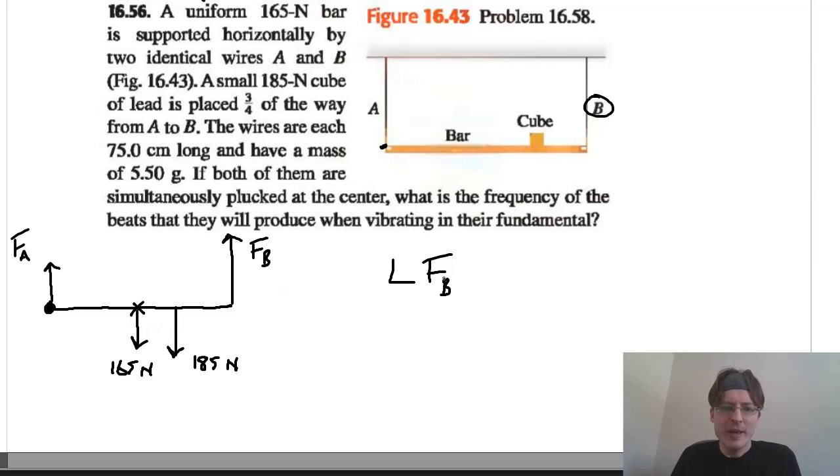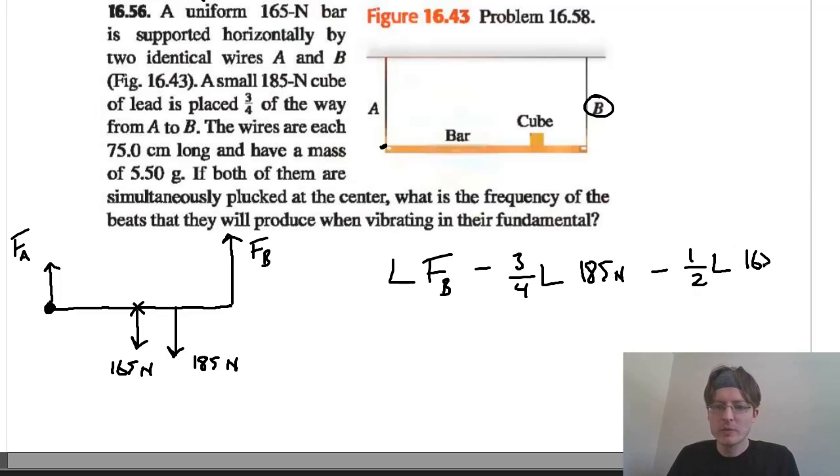These two torques are negative. I'll have minus 3/4 L times 185 newtons, and then minus 1/2 L times 165 newtons. And that net torque has got to be 0. That lets me solve for FB. FB comes out to be about 221 newtons.